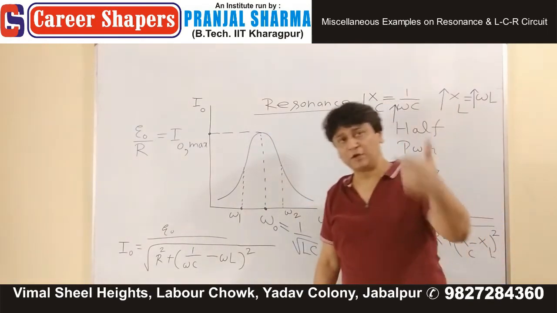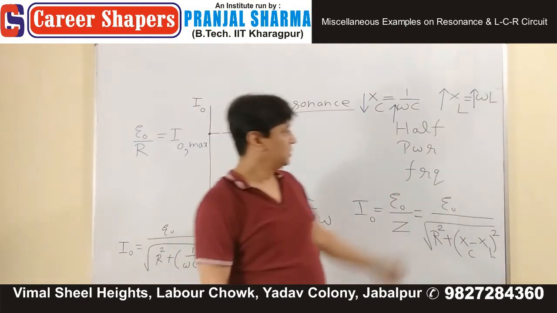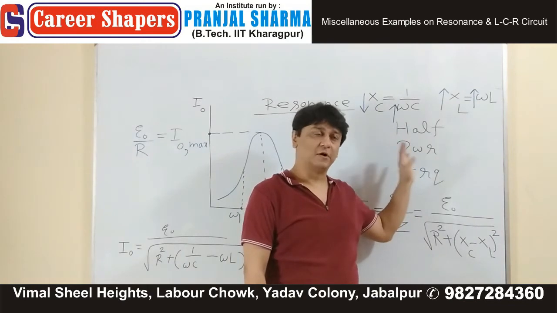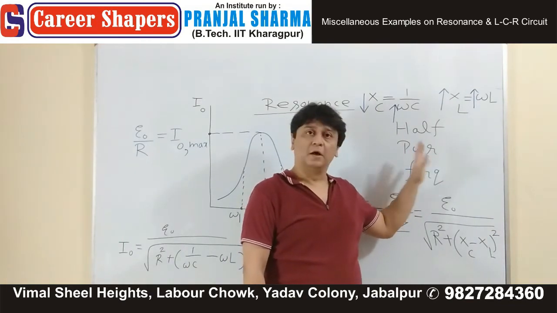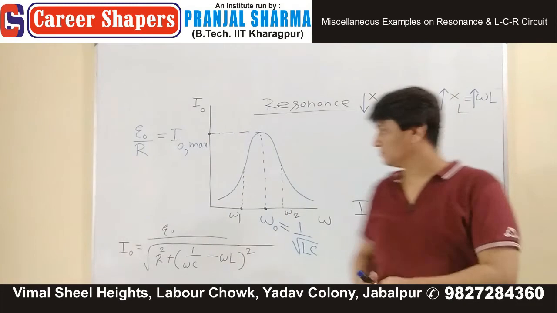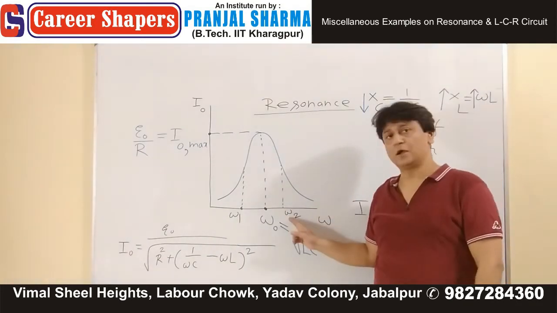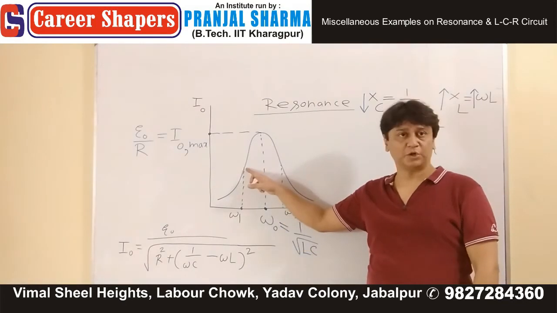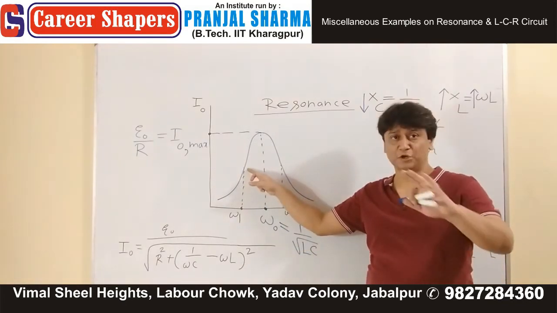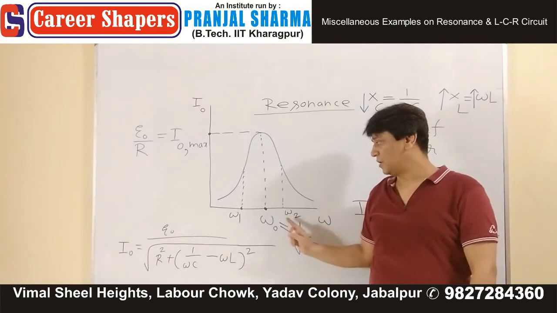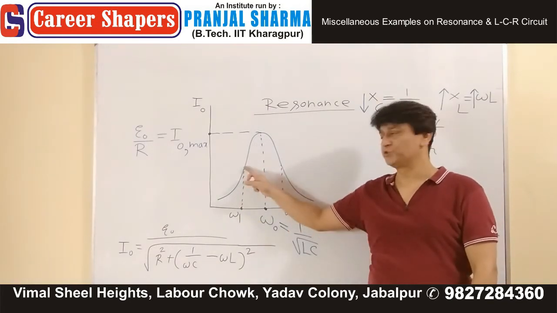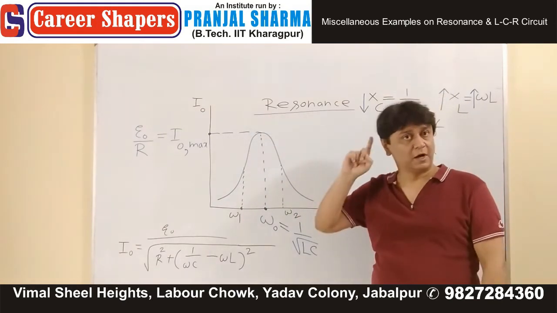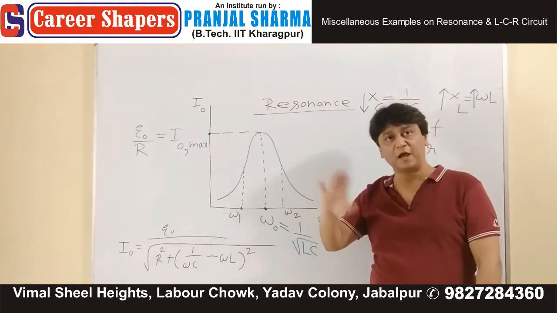And the question I am giving you as homework is what? You're supposed to find half power frequencies. You should give it a try. What are half power frequencies? Let's say omega 1 and omega 2. For omega 1 and omega 2, power consumption, remember power consumption, not the current. For half power frequencies, power consumption will be half of maximum. Again, I'm not saying that current will be half of maximum.